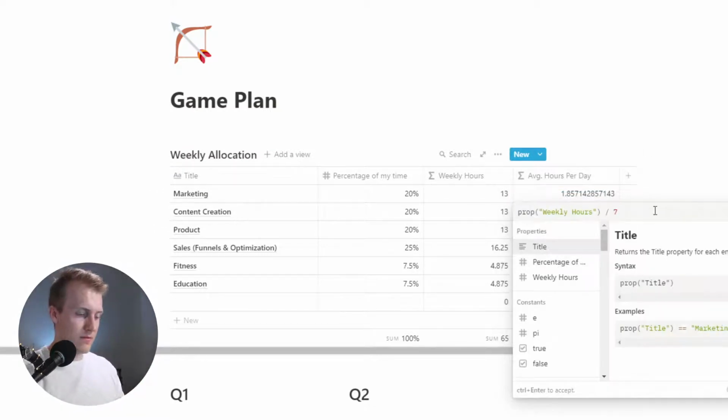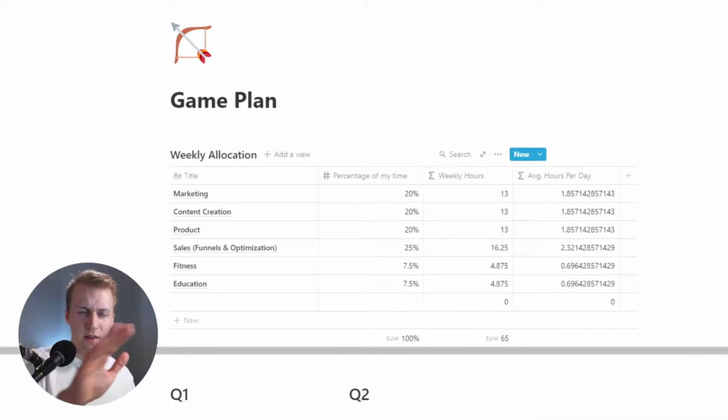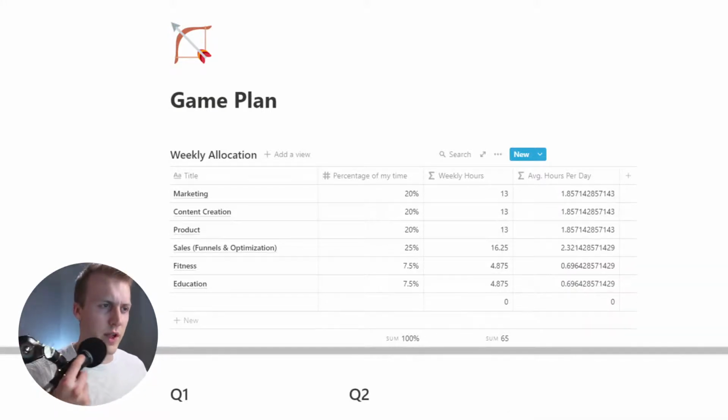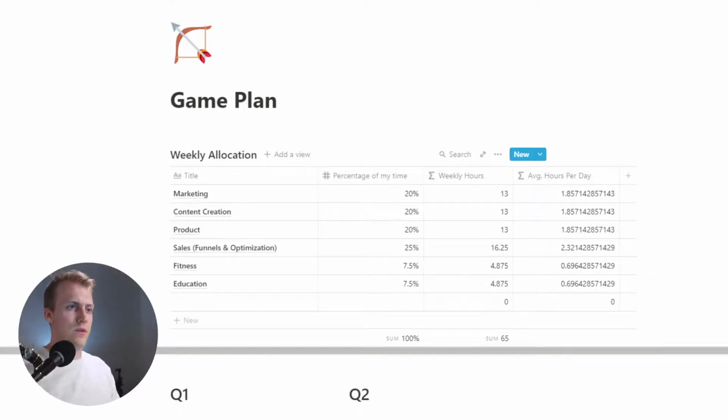Divided by 7, and then times it by 60? No. Yeah, times 60. Okay. These are kind of like average hours per day. The number is insane. Don't just round up, folks.